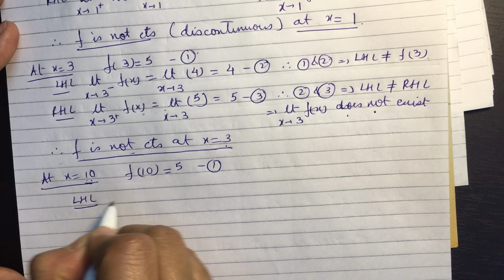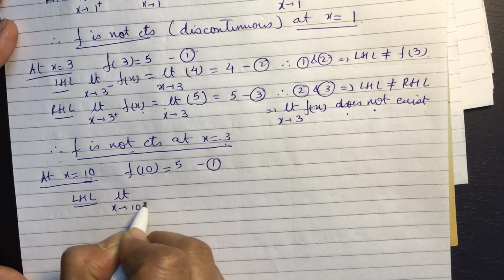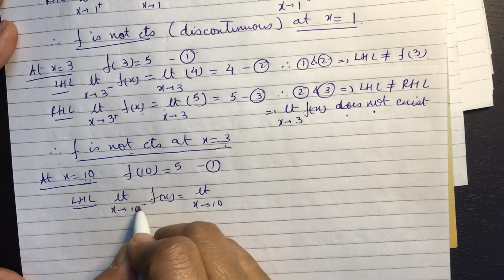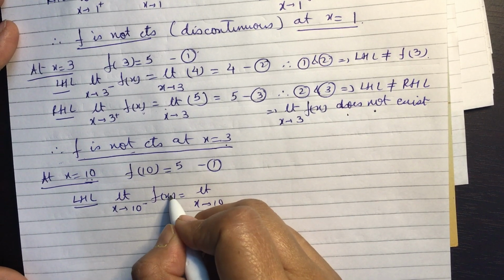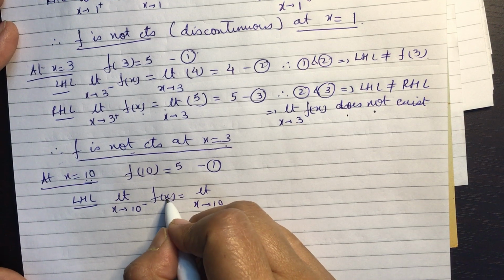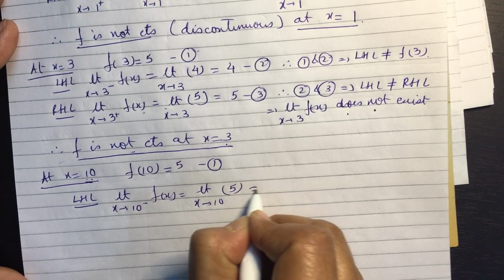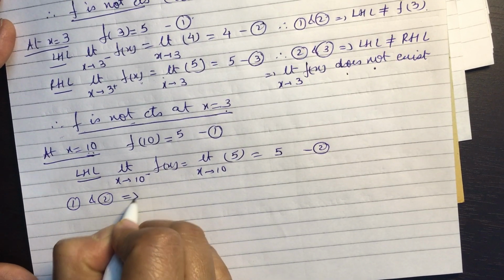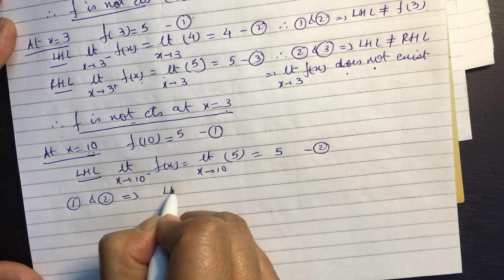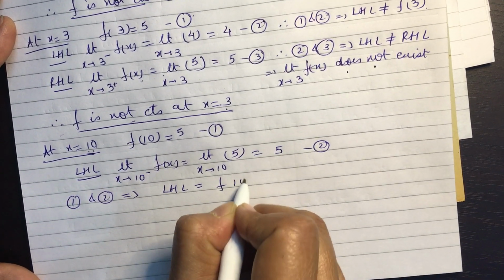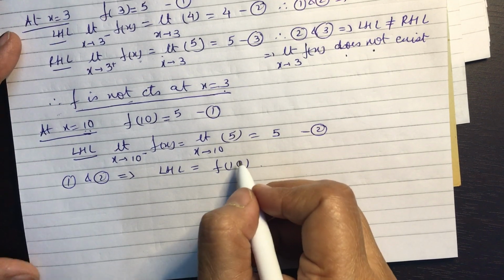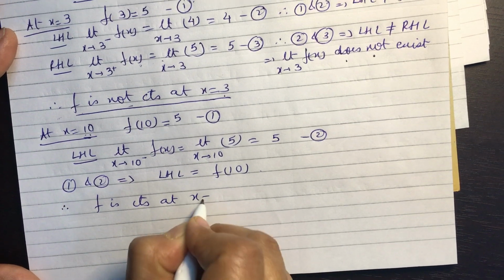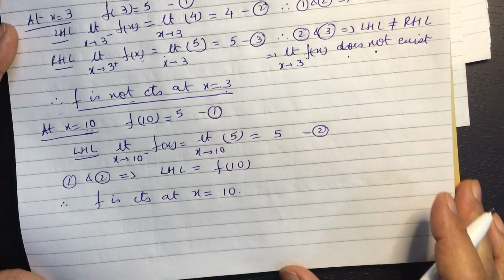The left hand limit x tending to 10 minus f(x), limit x tending to 10, we drop the minus sign and we replace the function by the definition on the left of 10, which is 5. It gives us 5. 1 and 2 imply that the left hand limit is equal to the value of the function at x equal to 10, and therefore f is continuous at x equal to 10.